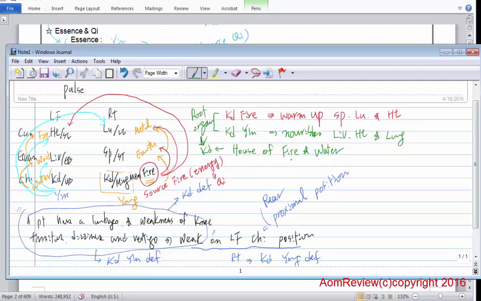So this fire and water actually come from the essence. So essence looks like a seed. So a seed actually has two aspects: the source of production, and also a seed contains many things, especially yin and yang contained inside of this seed.